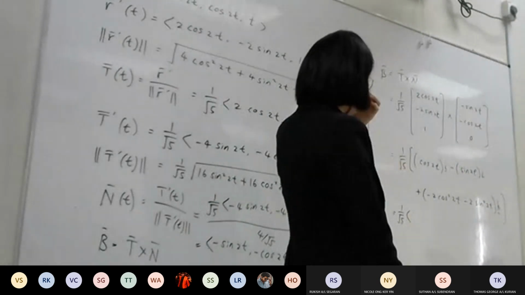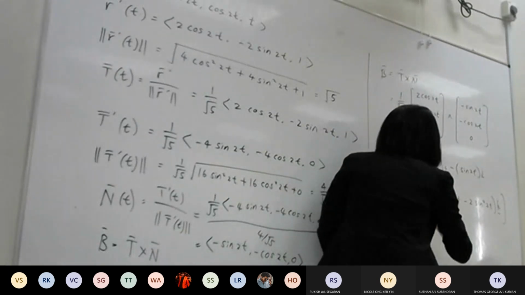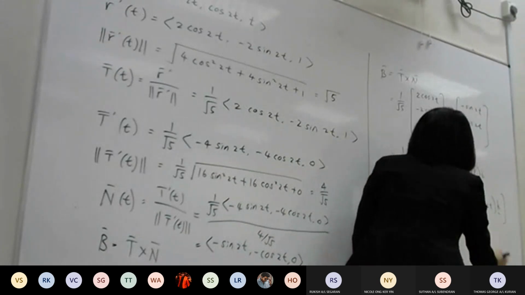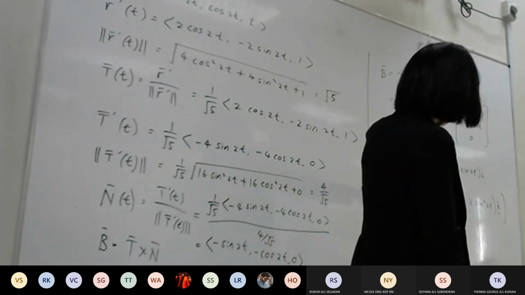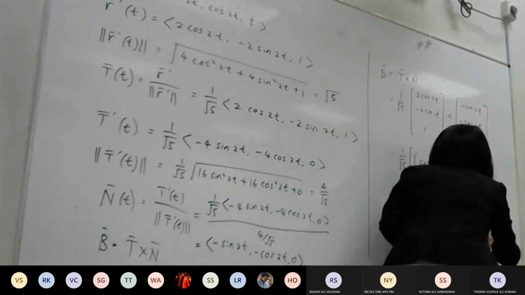When you simplify, you get a positive cos 2t, negative sine 2t, and for the last one, factorize negative 2, you get negative 2 times 1.